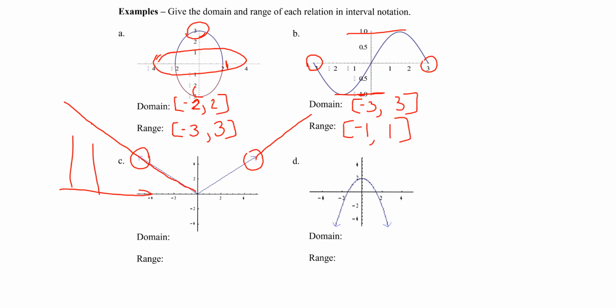So here's an x value. They're always going to have x values. So for the domain for this one, it's going to go on forever on the left and forever on the right. Your domain is going to be -infinity to +infinity. And remember, with infinity, we always put parentheses around it because it's not an actual value.